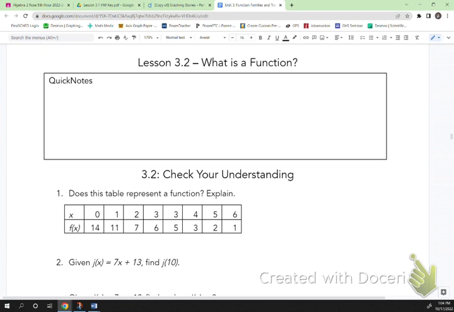When we use a function, we've got a couple things here. The first thing, we define domain and range. We're going to use a couple different boxes here. Domain is your x values, and it's the set of all possible inputs.